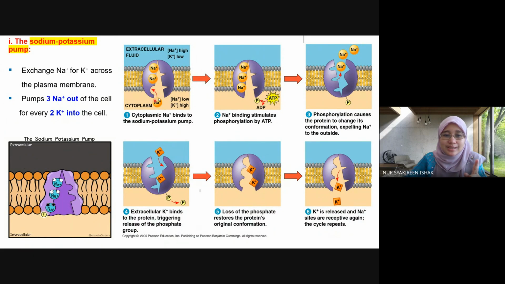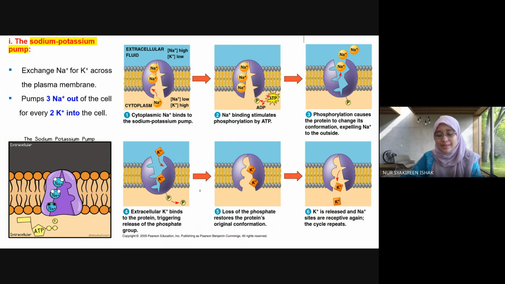So in this case, because the sodium potassium pump will pump 3 sodium out, from inside to outside the cell, it requires energy input from ATP. So sodium inside the cell will bind to the binding site. This will trigger ATP to come. This ATP will cause the phosphorylation of the sodium potassium pump.